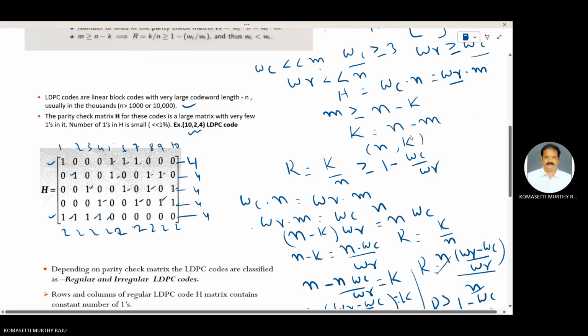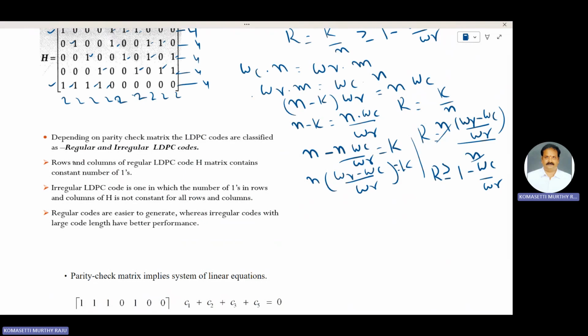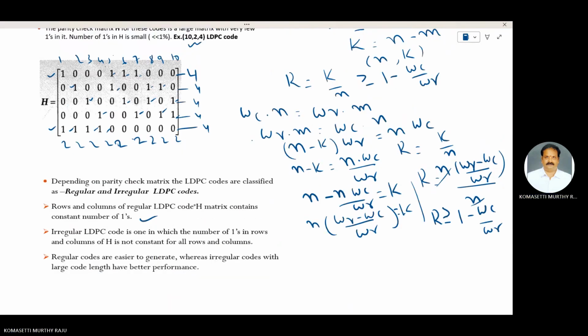Depending on the parity check matrix, LDPC codes are classified as regular and irregular codes. In a regular LDPC code, the H matrix contains a constant number of ones. That means each column contains a fixed number of ones, and the number of ones in each row is also constant.